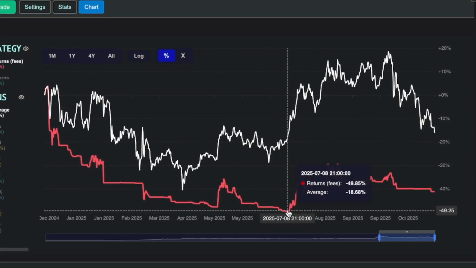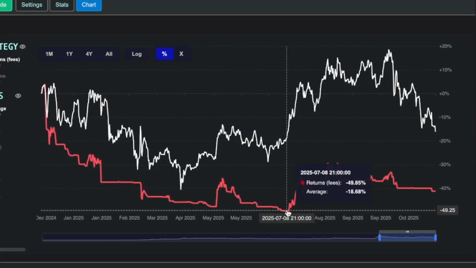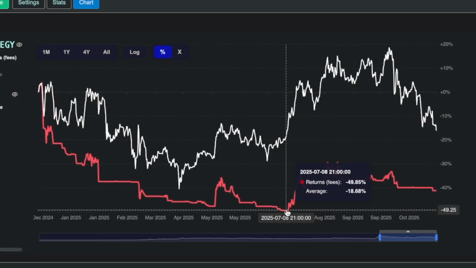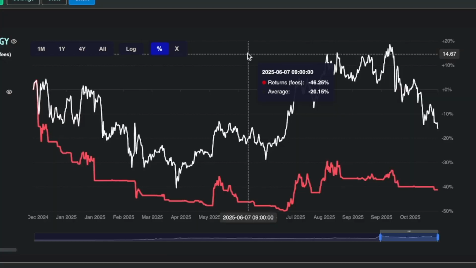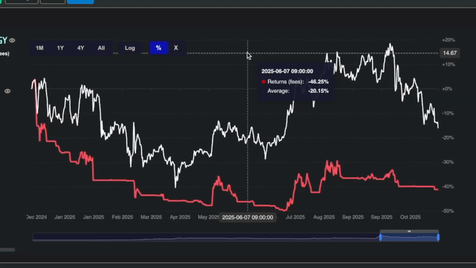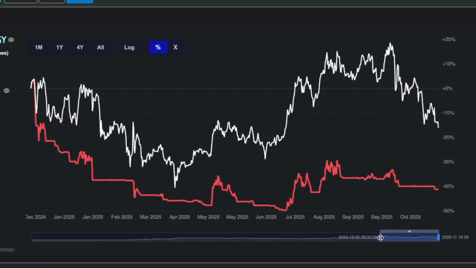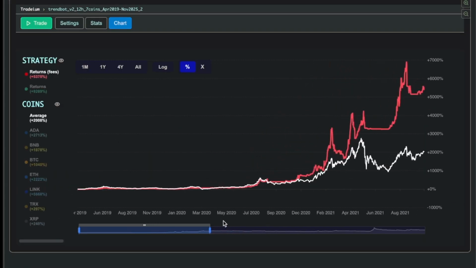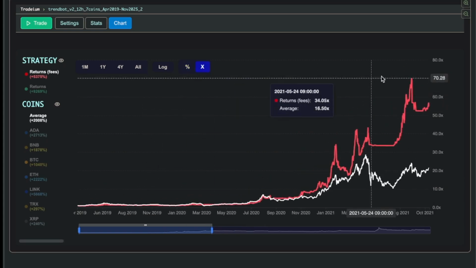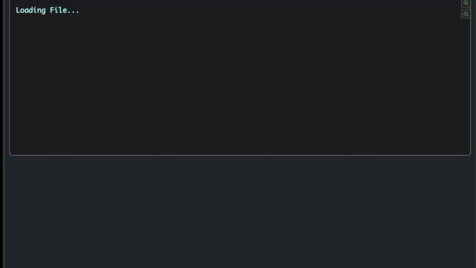So we've got to be prepared for these types of drawdowns with this strategy. And I can tell you firsthand, running this strategy live, unfortunately, we are in a drawdown like this. It is uncomfortable, I understand, but we're running this strategy for an altcoin season, as we could see how it performs. During that period, it gave a 70x return.